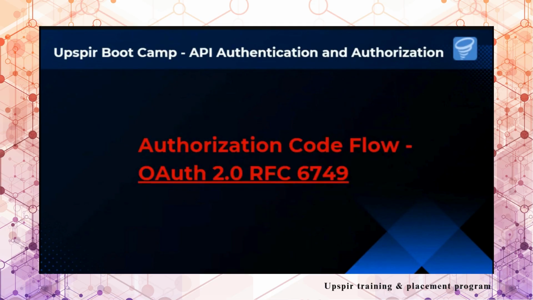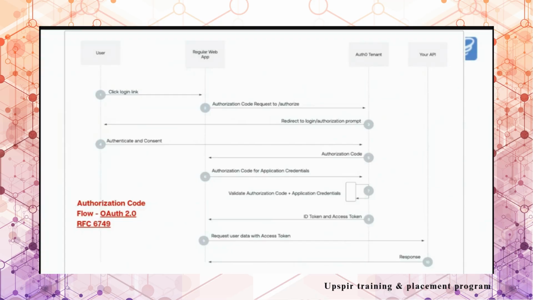Now we will try to understand the code flow for, say, OAuth 2, right? So this is a typical OAuth 2 code flow. What is happening? You as a user log into your web app, right? As soon as you log in, an authorization code request goes to your OAuth 2 tenant.